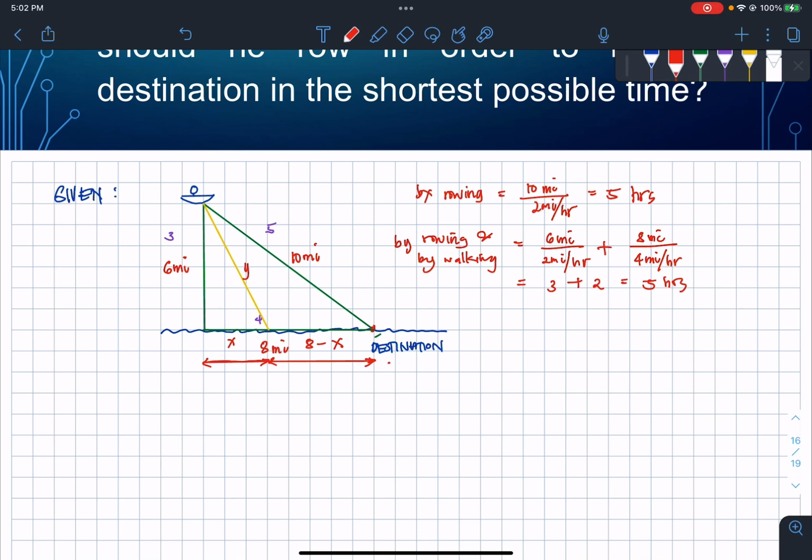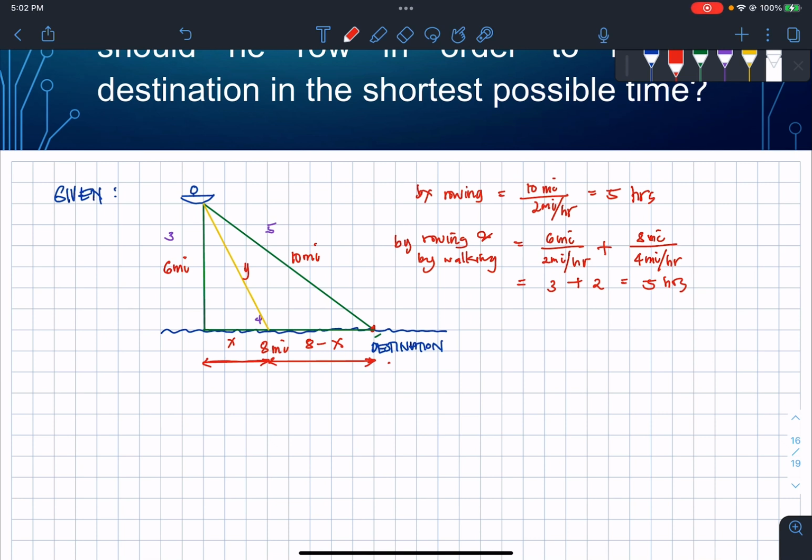Okay. So what we want is to have the shortest possible time. So remember, this is the formula that I've used here, that the time is equal to the distance divided by the speed.